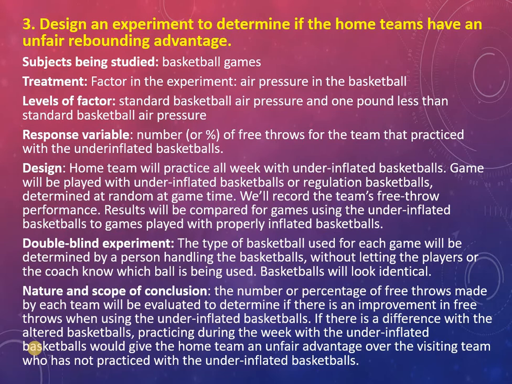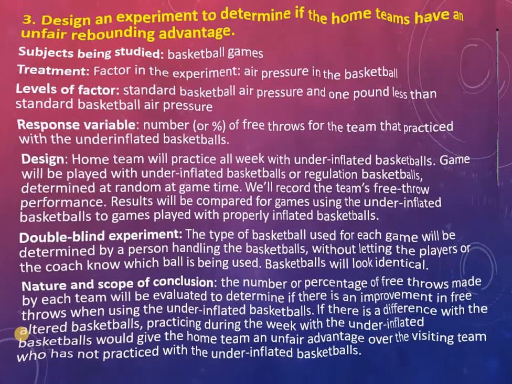So we've already talked about, first off, they're not very clear as to what the goal is. Am I looking at free throws made or not? Am I looking at rebounds received or not? And then I need to look at what things might affect it. So the idea that they're in their home court with their own audience, their own spectators, might affect it as well. Okay, so we're not going to look at that too much.